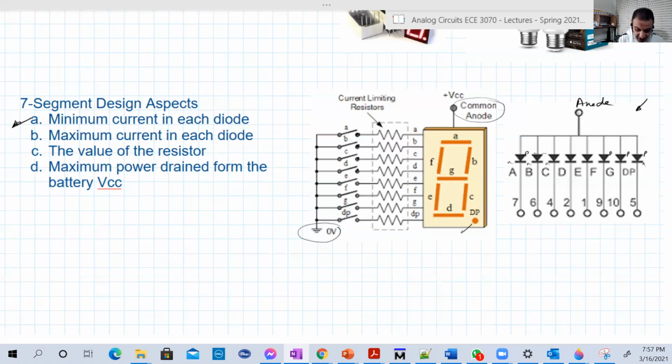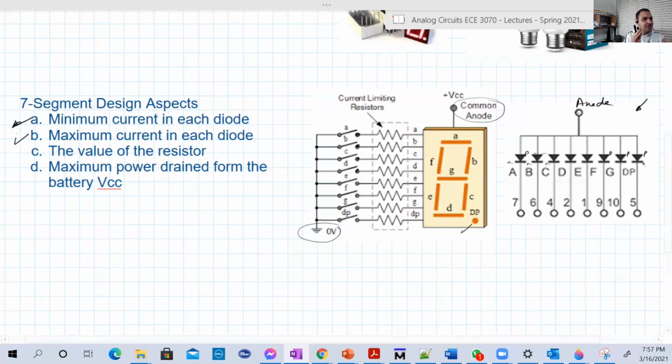Another aspect of design is the maximum current in each LED. We need a current greater than the minimum current so that we can see the light, but can we put any current higher than the minimum? No. There is also a maximum rating, the maximum power that this diode can handle, so you should check the data sheet of the LED to know the maximum current.